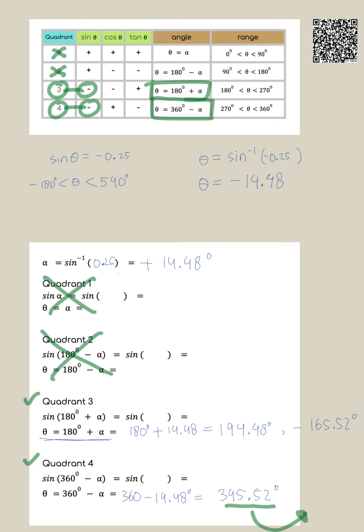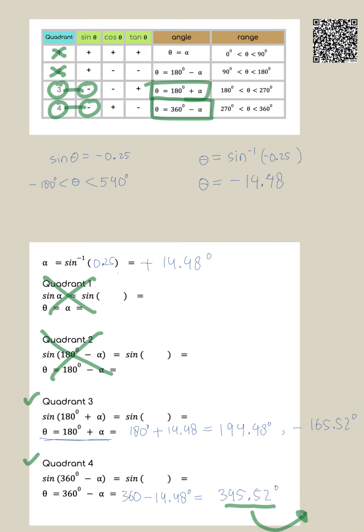Shall we add 360? I think it's a bit far, but we can just try. Plus 360. How much do we get? 705.52. Wow, this is definitely wrong. It is way higher than 540. So it's out. So it's not adding. Instead, we must subtract.